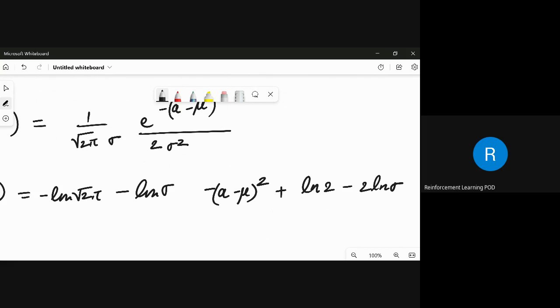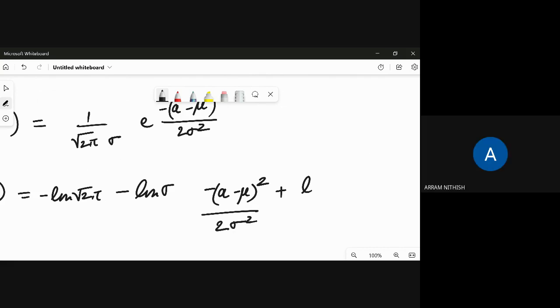Is that correct expansion? No, actually it's absolutely wrong. I wrote the formula incorrectly. The term shouldn't be here, it should be here, right? Yeah. All right.